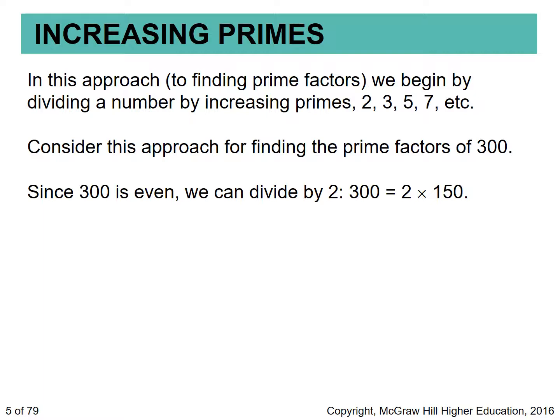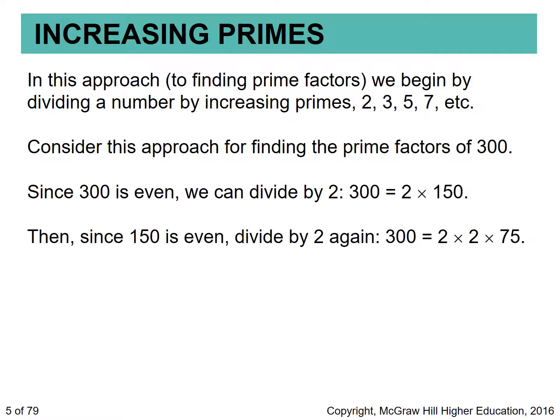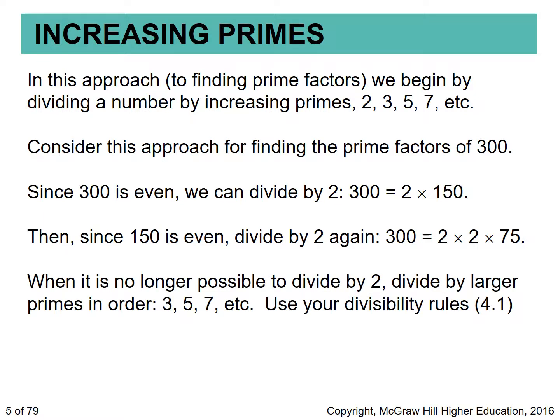So we can write 300 as 2 times 150. But then 150 is even, so we can rewrite this with 2 times 75. Now 75 isn't divisible by 2, but it is divisible by 3. Okay, so you keep up with this process until you have the prime factorization.